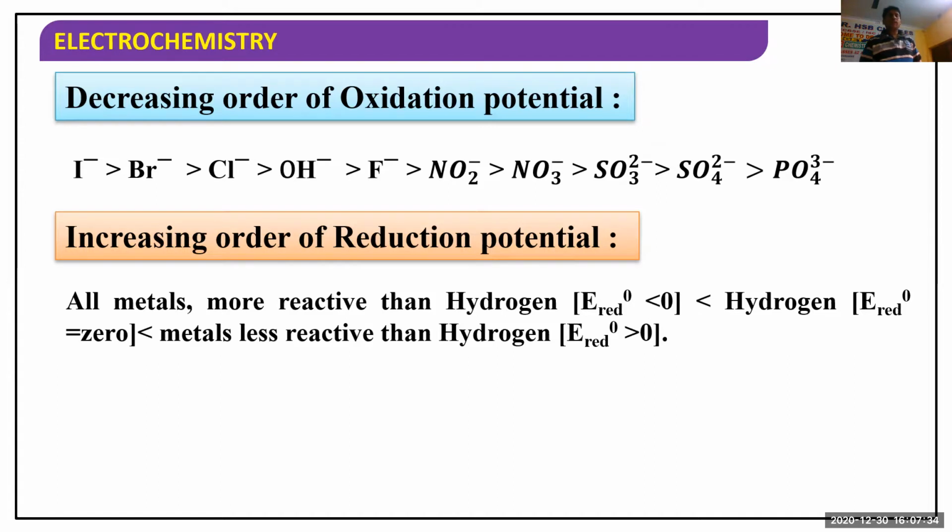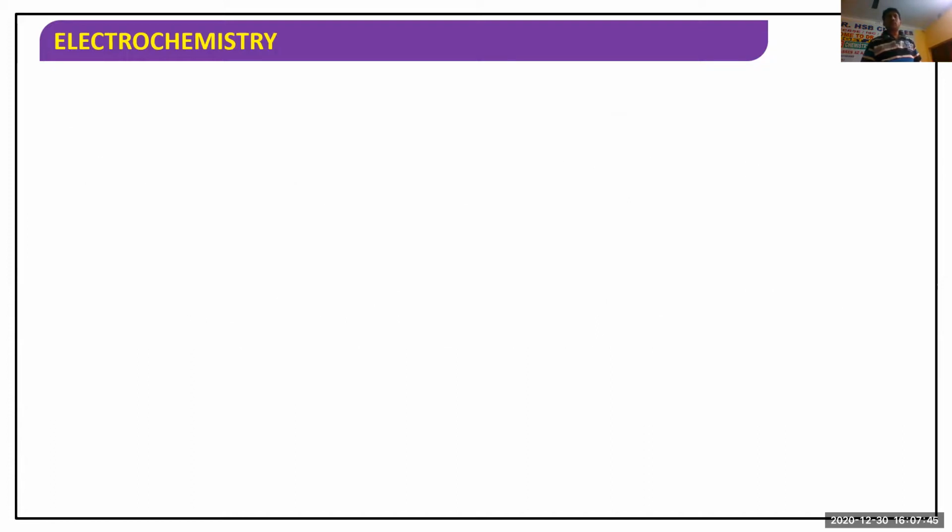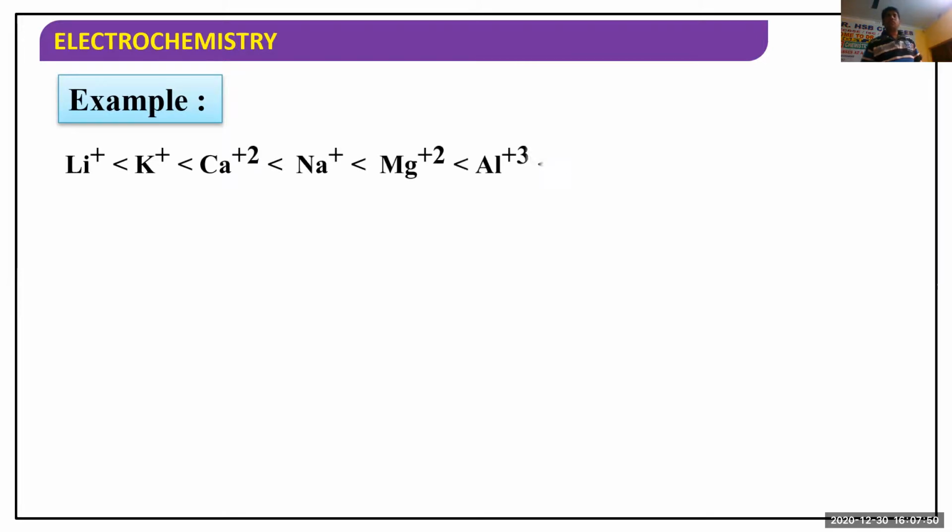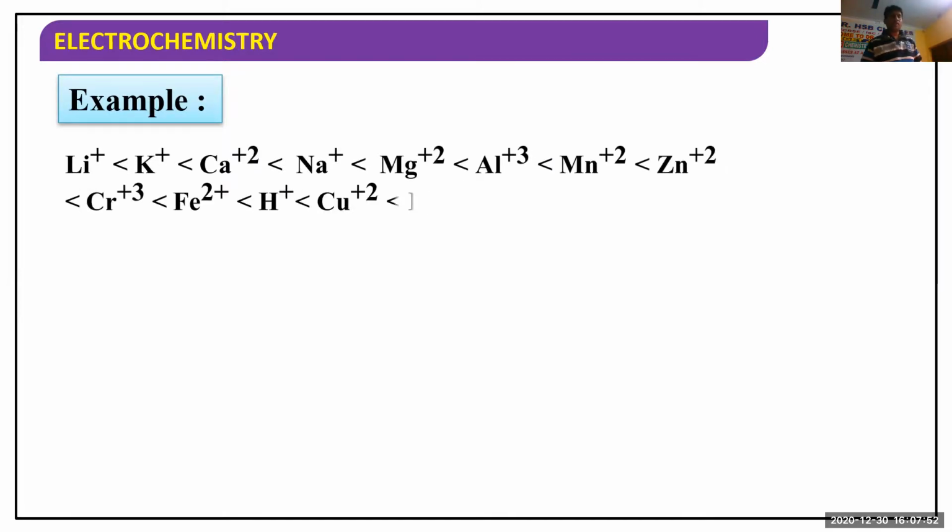All metals more reactive than hydrogen have reduction potential less than 0; hydrogen's reduction potential is 0. Then the order continues, and the last one is gold. Copper, silver, gold, mercury, and platinum are below hydrogen, and their reduction potential is high.